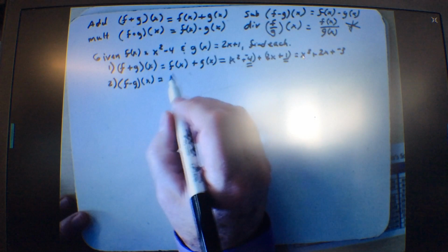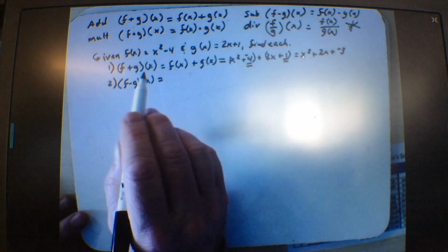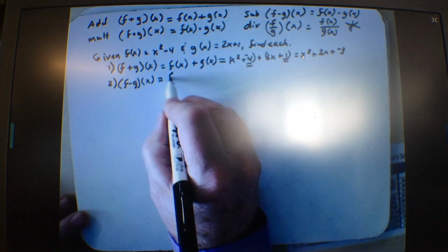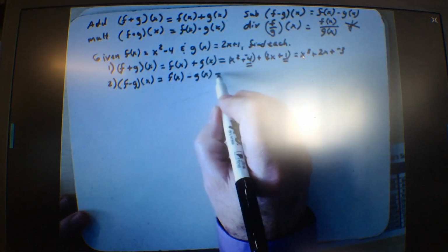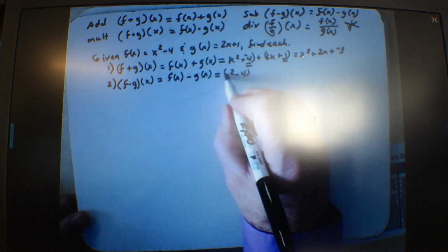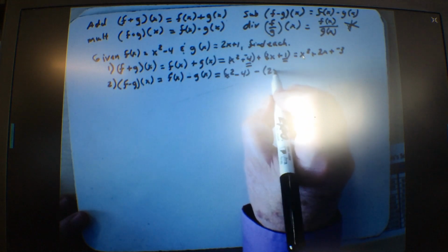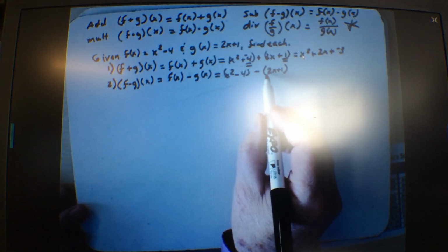Okay, now if we subtract them, you have to make sure that the f function is first. So we want f of x subtract g of x. The f function is x squared minus 4, and we're going to subtract the g function. Now this one's harder because you have to distribute this through.